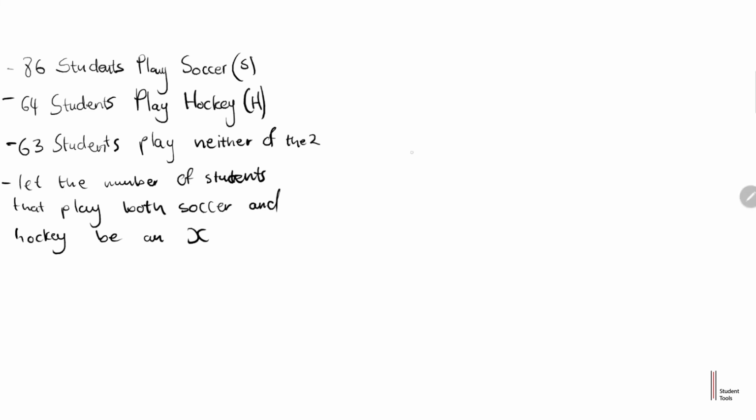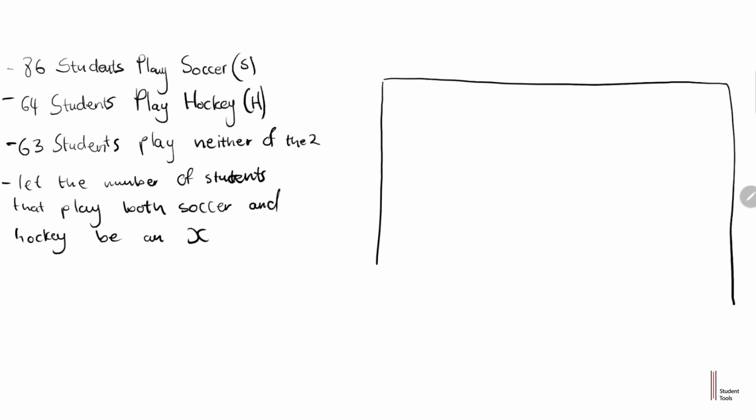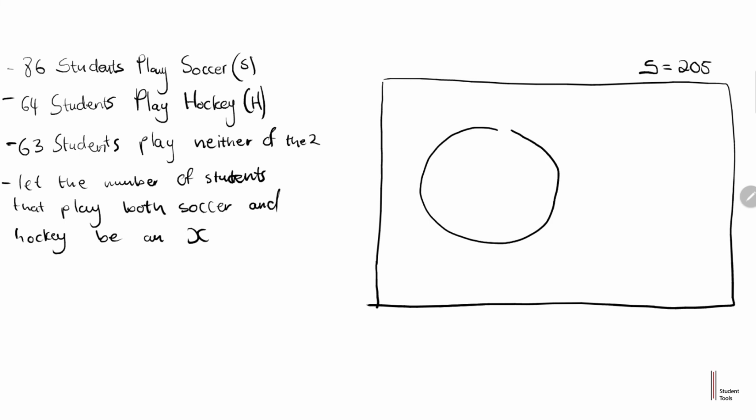Right, now let us draw our Venn diagram to represent the information given to us. So we have our sample space over here, and our sample space is of students, which are equal to how many? 205. Okay, and then we have this.